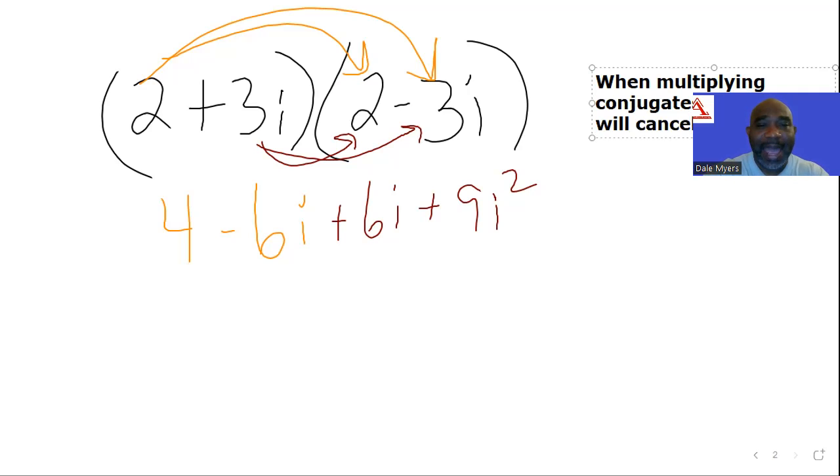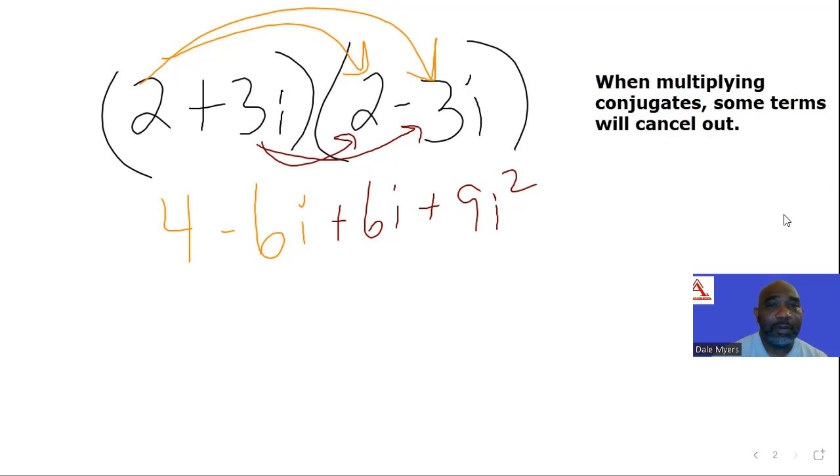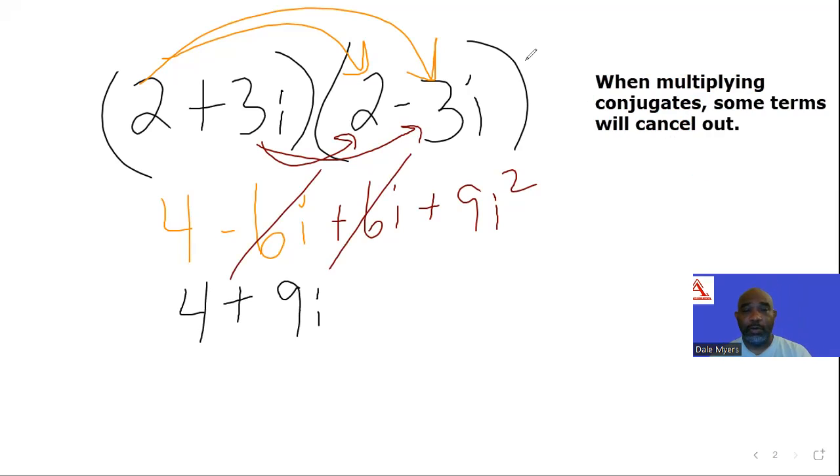In this case, our imaginary terms will cancel out. You'll see. Negative 6i cancels positive 6i, leaving us with just 4 plus 9i squared. Remember, I told you something would cancel.